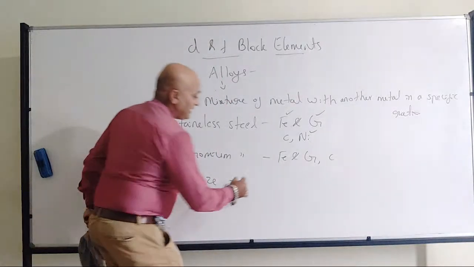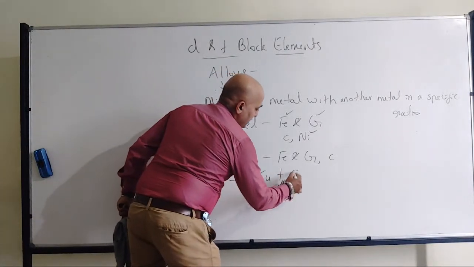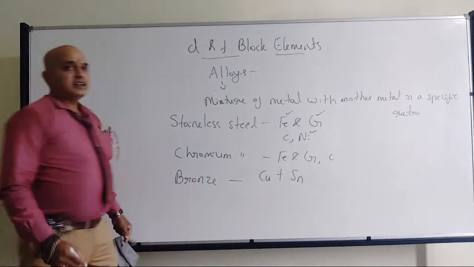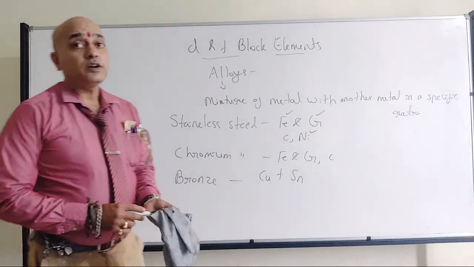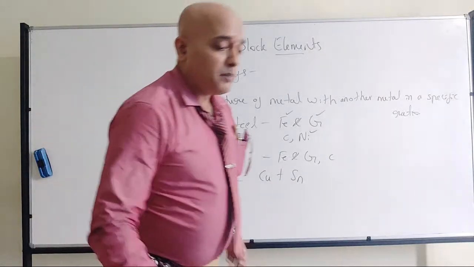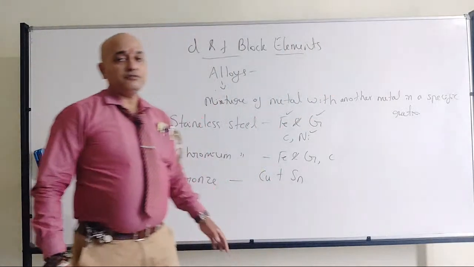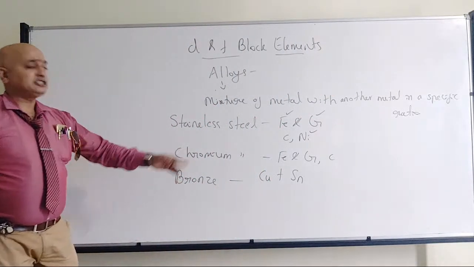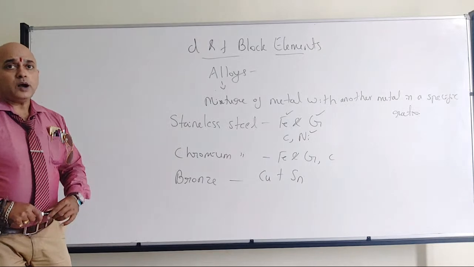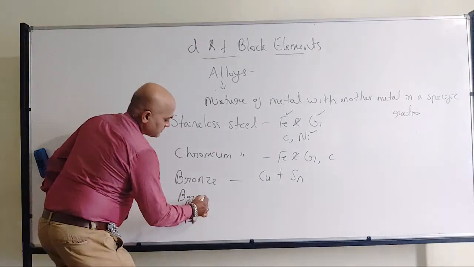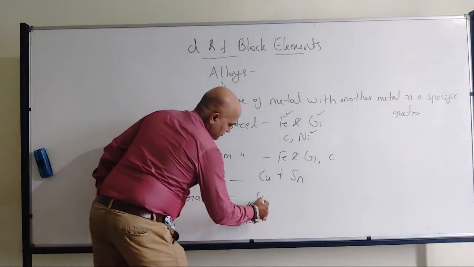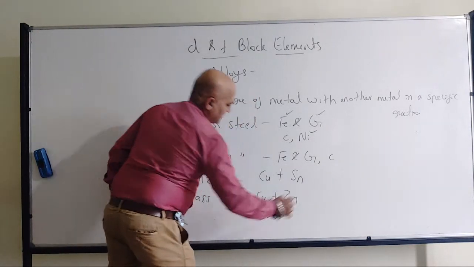So it will be copper and tin. It will be copper and tin which are in the combination. Small amounts of other elements can be included, okay, but these two are the major proportion, copper and tin. Same way we have brass: copper and zinc.